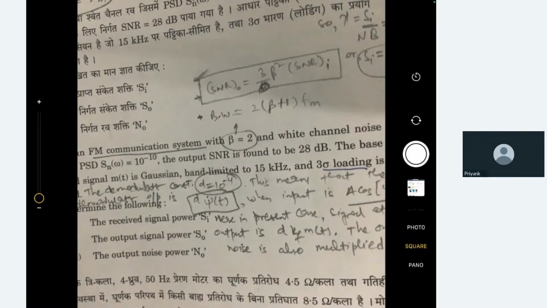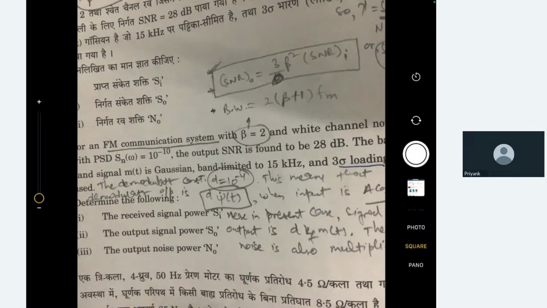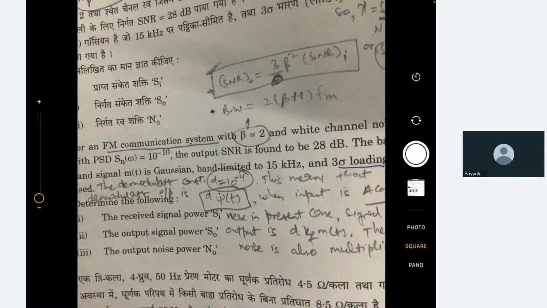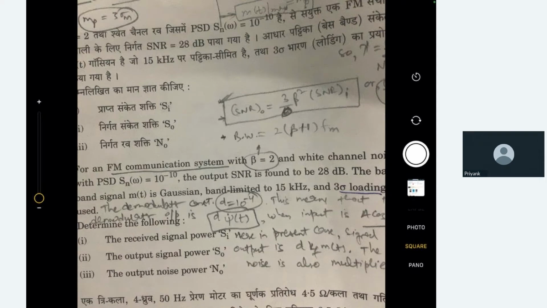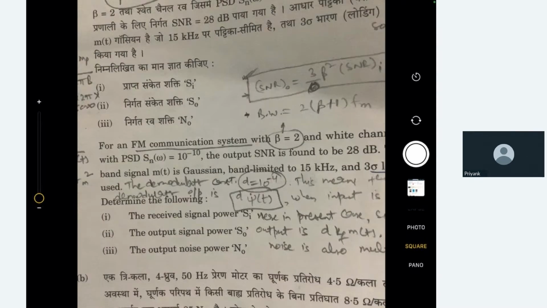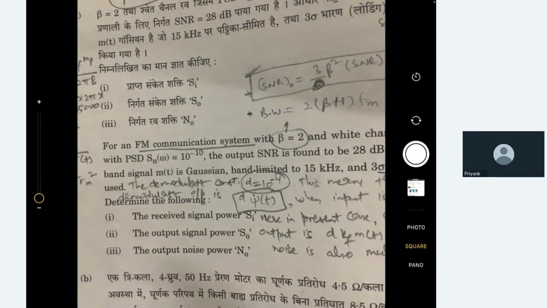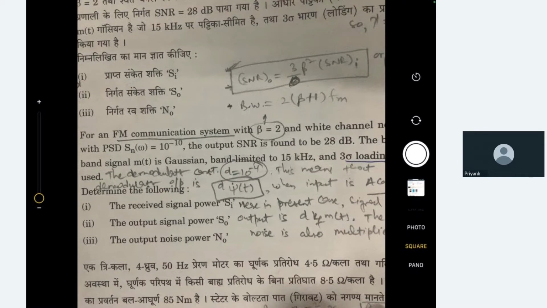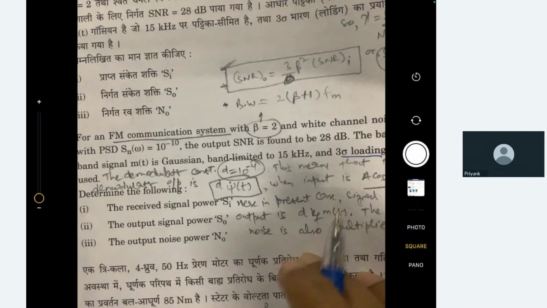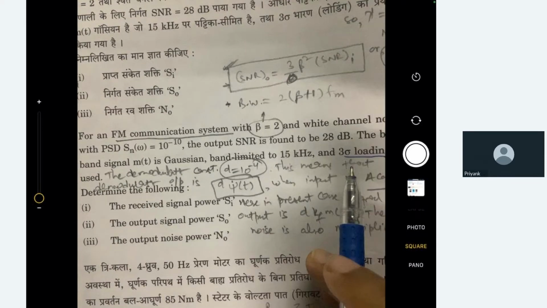I think their pattern is that one year they ask from Simon Haykin, and another year they ask from BP Lathi, so alternatively they are asking. Last year they asked a direct question on FM communication from Simon Haykin, an unsolved question. This year they have asked us an unsolved question from BP Lathi. It's not an easy question as far as I think. Shall I discuss it?